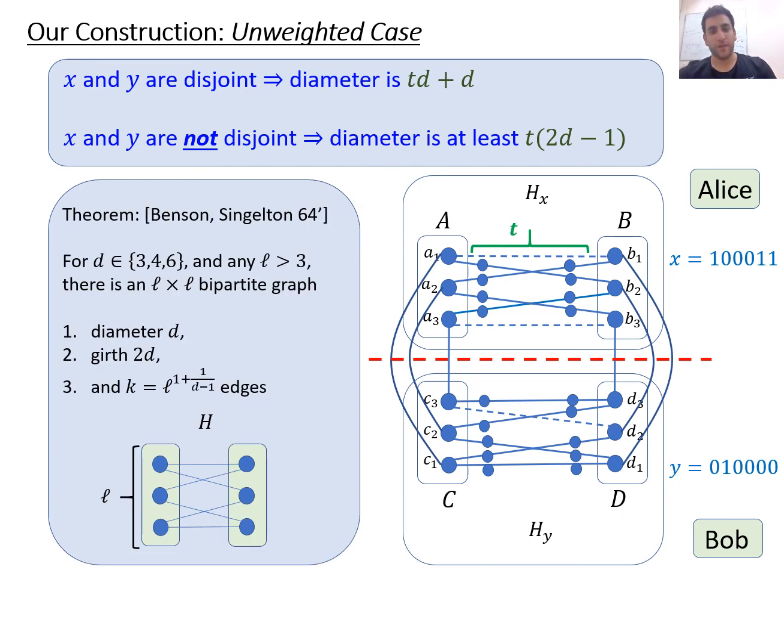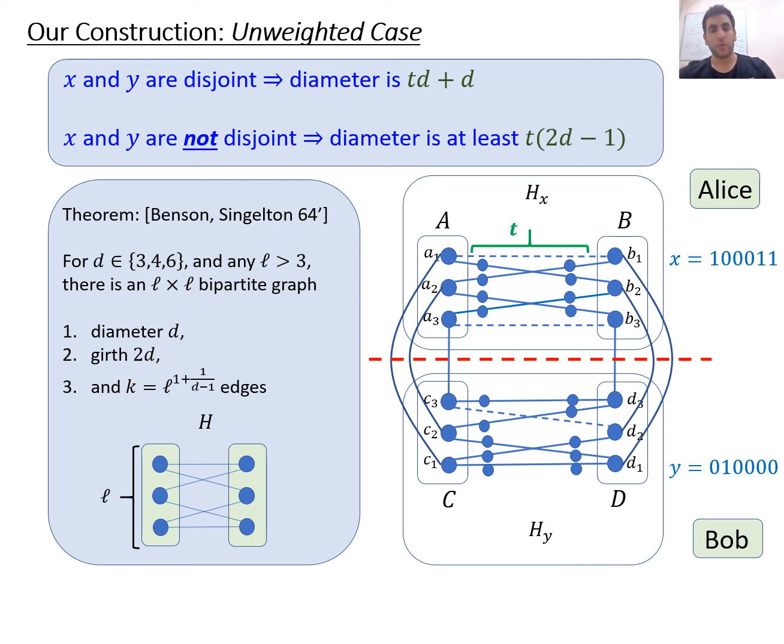For this, we use the existence of the following bipartite graphs, which were shown to exist by Benson and Singleton. Benson and Singleton in 1964 showed that for d equals 3, 4, or 6, and for any L greater than 3, there is an L by L bipartite graph of diameter d, girth 2d, and a superlinear number of edges.